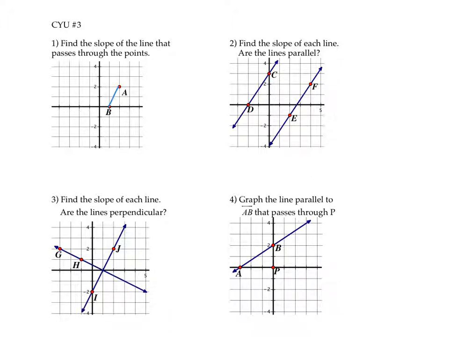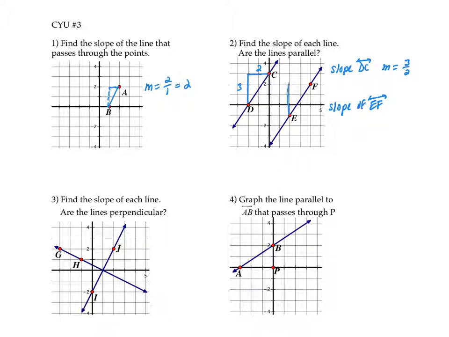Going from A to B, we need a rise of 2 and a run of +1. So our slope is 2/1, or just 2. Number 2, find the slope of each line. Are the lines parallel? We have the slope of line DC and the slope of line EF that we're comparing. DC, we're going up 3 and to the right 2, so its slope is 3/2.